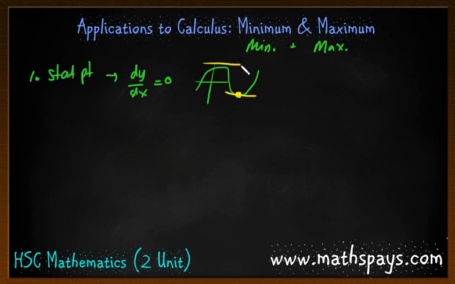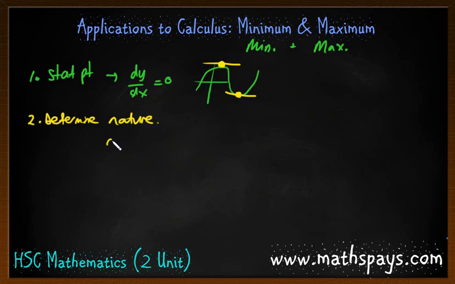We have the maximum point up here, we have a gradient of 0. So we let dy/dx equal 0, and then we differentiate the original equation, and then we solve it for 0.